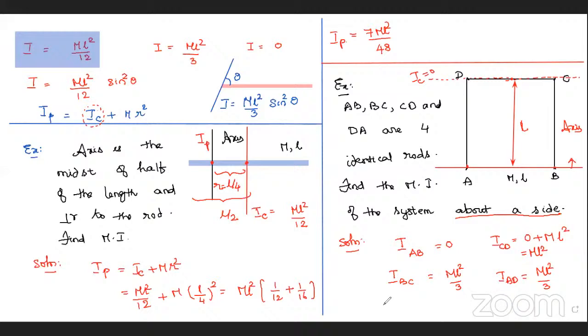I is equal to the moment of inertia I_AB, that is 0, plus BC, ML square by 3, plus CD, ML square. ML square plus ML square by 3. Total you are getting 5 ML square by 3. All of you understood the method and how to solve?